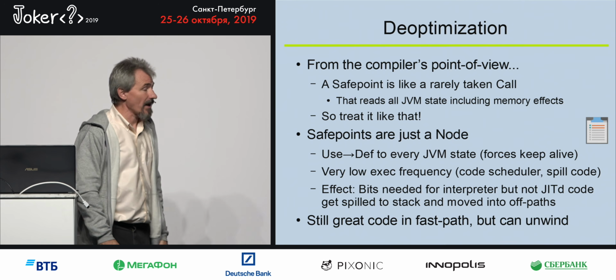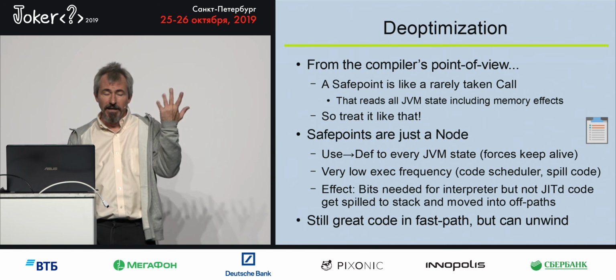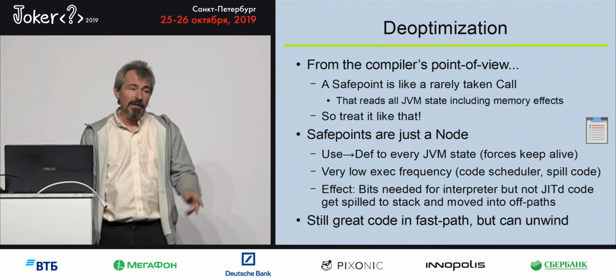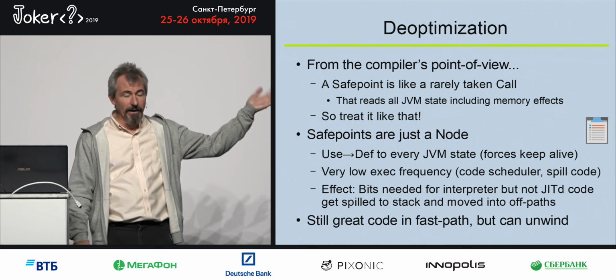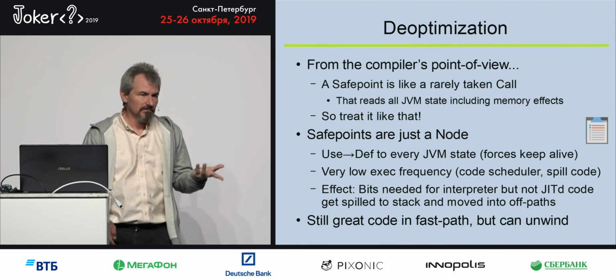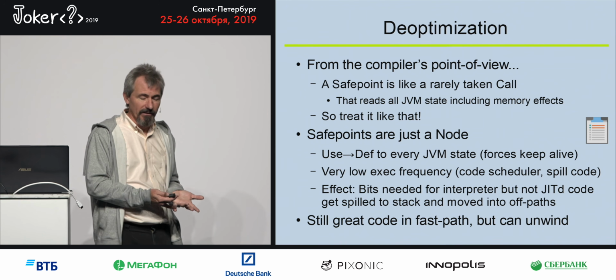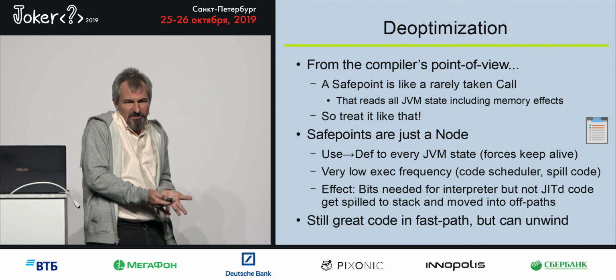So you get a great fast path, but you get a full unwind. You can run your debugger and stop at any point, apparently to you, any point. What really happens, of course, is you stop at some prior safe point, and then you get in the interpreter and step forward one by one to the bytecode you're interested in. But from the outside, it looks like you can breakpoint at any point and still run at C code speeds.